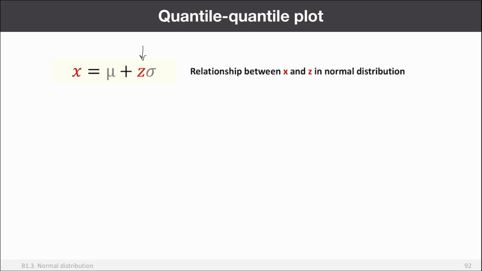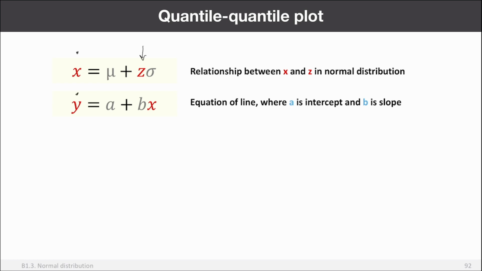If you look at this expression and recall how the equation of a line looks, you can see a lot of similarities. X is the same as Y here, Z plays the same role as X here, and the parameters mu and sigma play the same role as the intercept and the slope. So in this case, mu is the intercept and sigma is the slope.